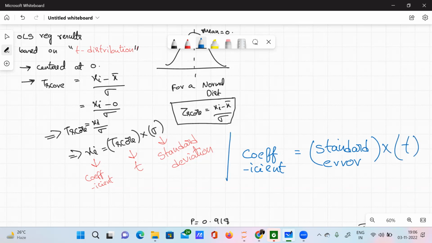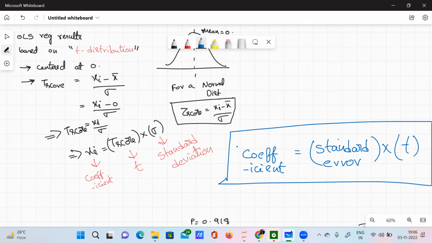So this is the formula for the t distribution.